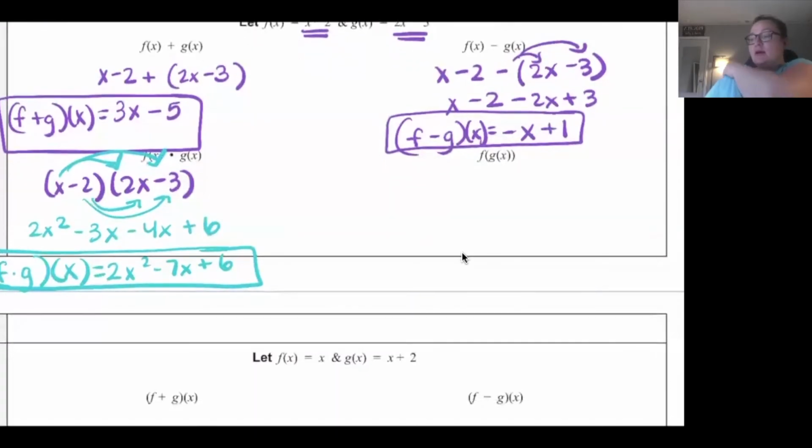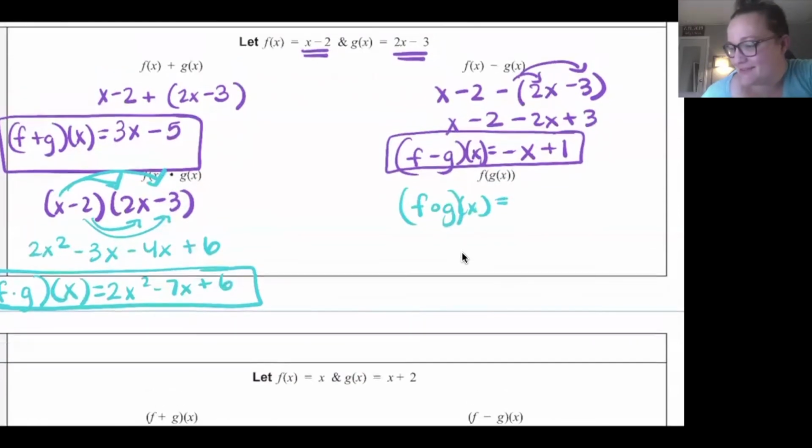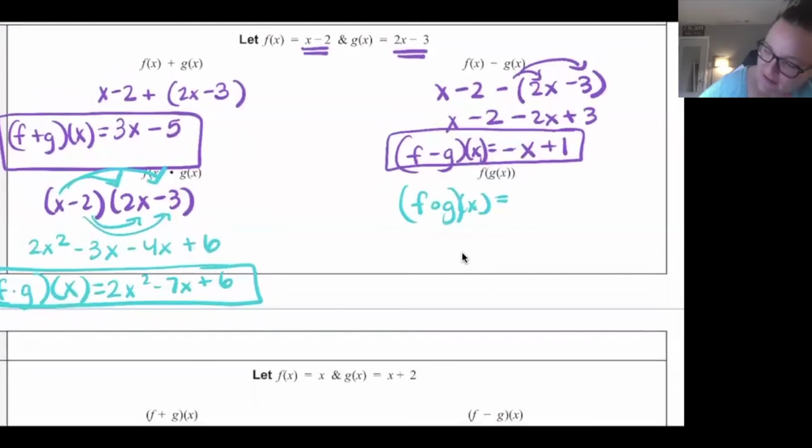Moving on to f of g of x. So this one's a little tricky, so I'll do it with you. So f of g of x means that we're plugging in g of x for x in f of x. So when f of x equals x minus 2, we're going to replace this x with g of x.